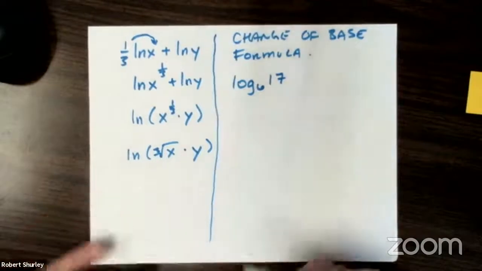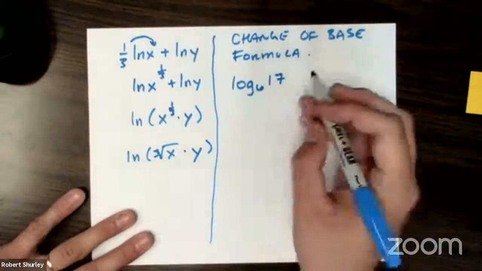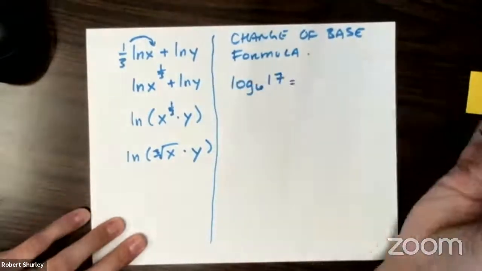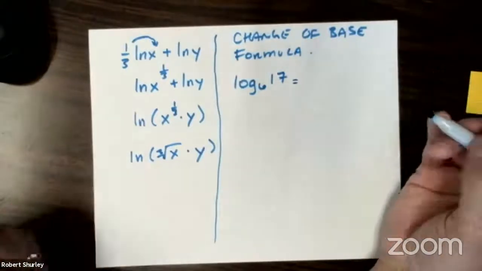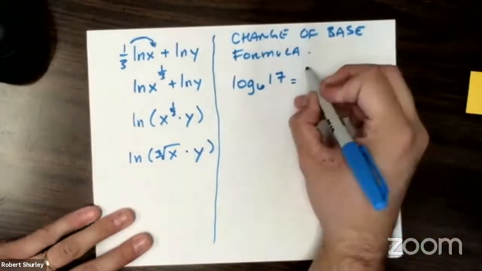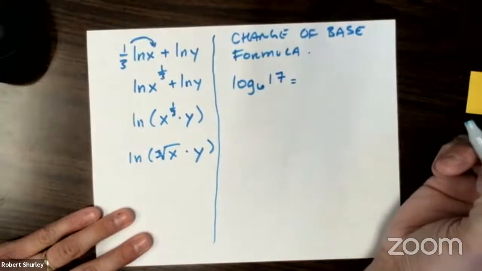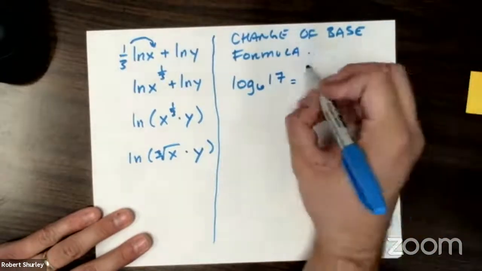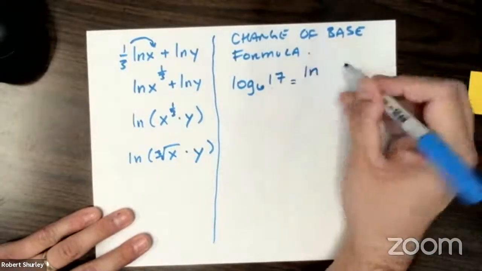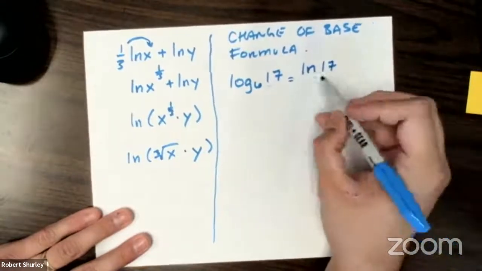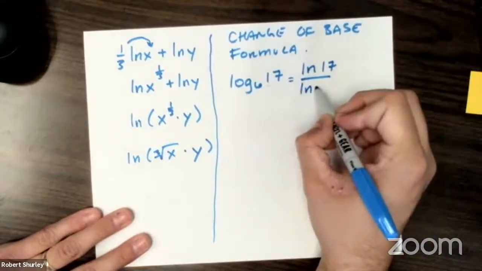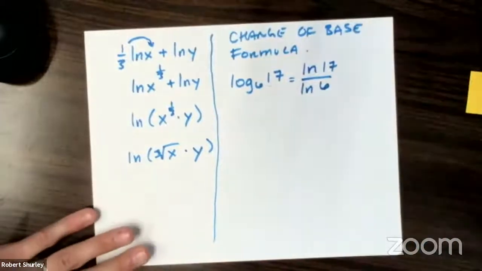But we can use a nice little rule that says if you've got a logarithm and you want to find an estimate for the logarithm, you can use this. I use ln. You can use log, but I'm going to use ln. You take the ln of what's inside the logarithm, so 17, and you divide it by the ln of the base, ln of 6.